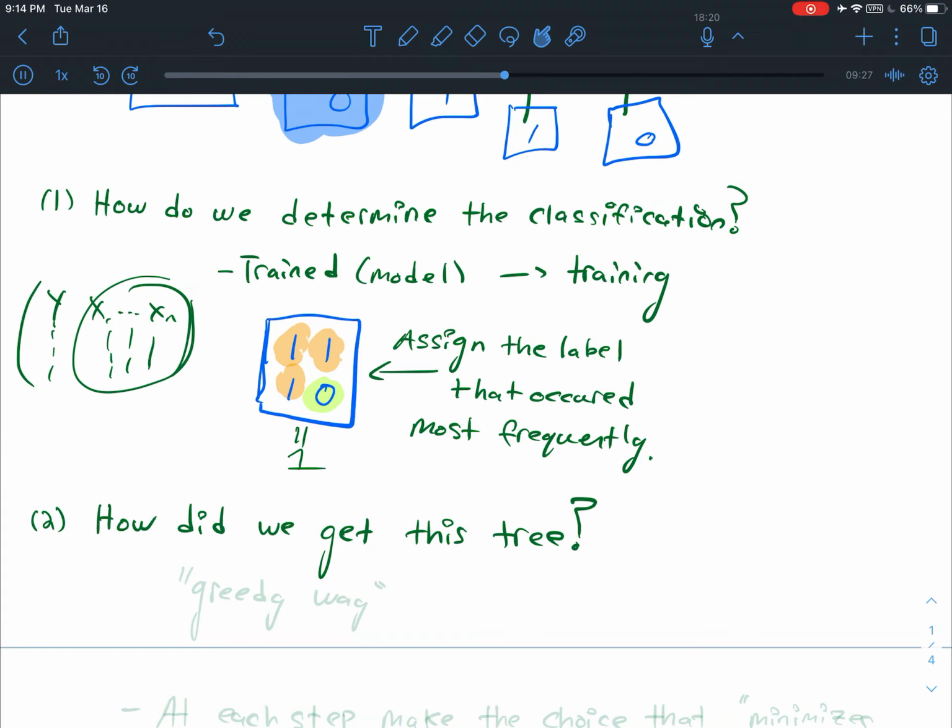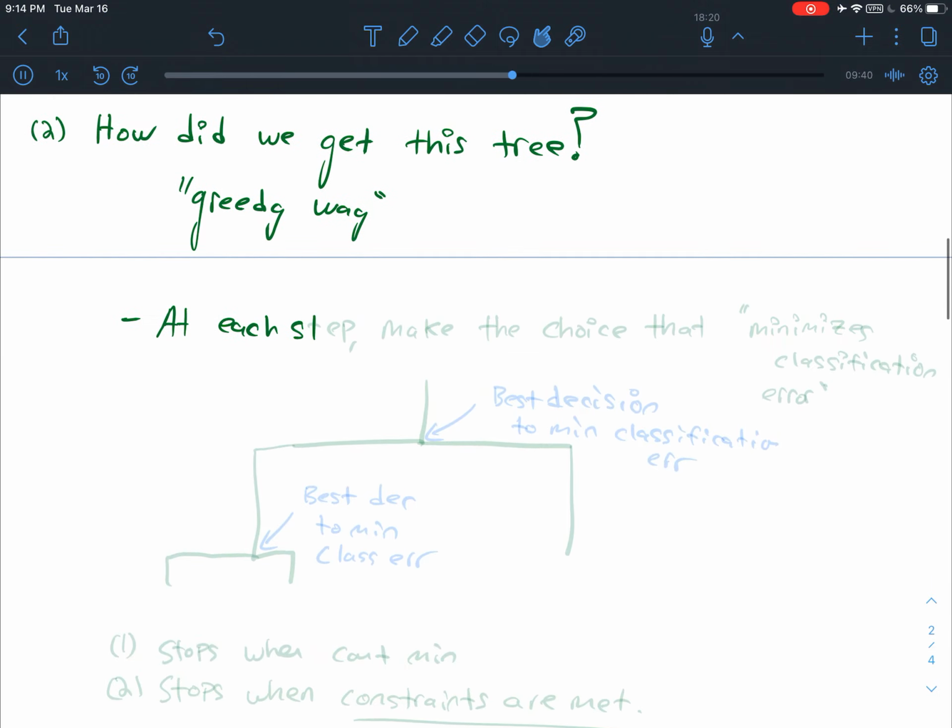Well, we got this tree, I'm going to say, in a greedy way. And that means at each step, the algorithm is making the choice that in some sense minimizes classification error.